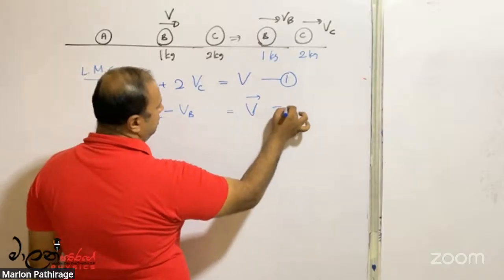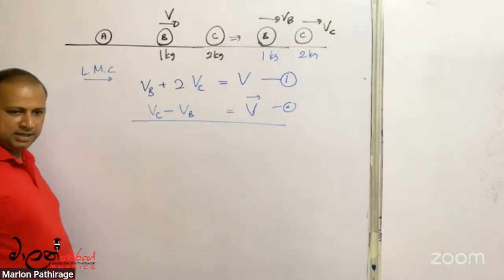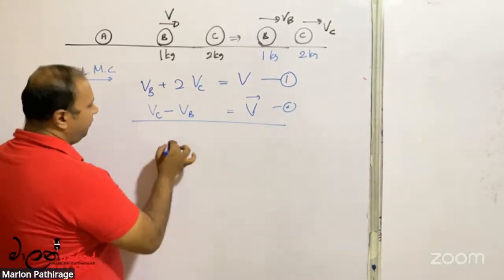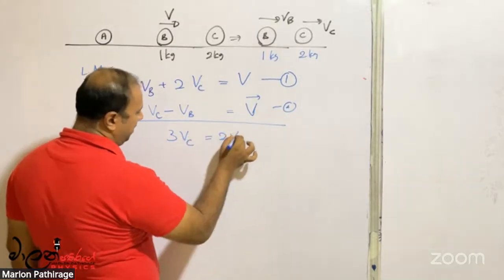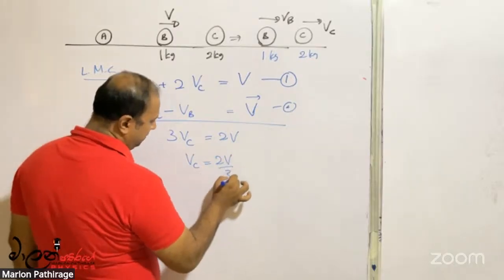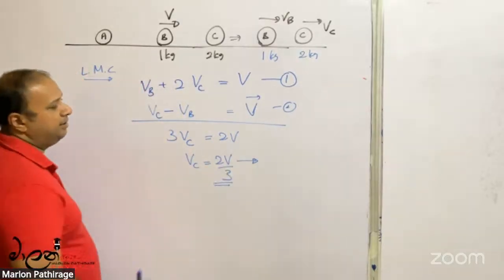This is number 2. So if I add them, VB cancels out. Therefore, 3VC is equal to V. Therefore, VC is equal to V over 3, and that is in the right-hand direction because it is positive.